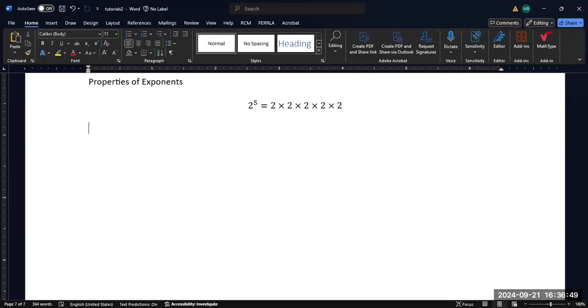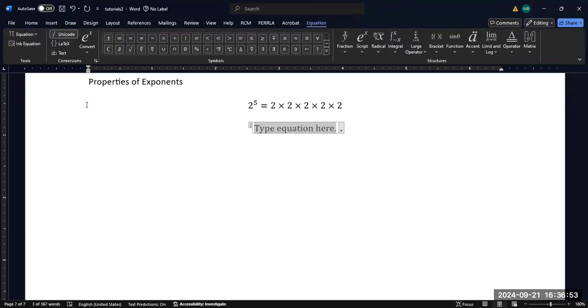So if I want to multiply two numbers with the same base by each other, but with different exponents, how would that work? So 2 cubed times 2 to the 4th. Well, 2 cubed is 2 times 2 times 2.